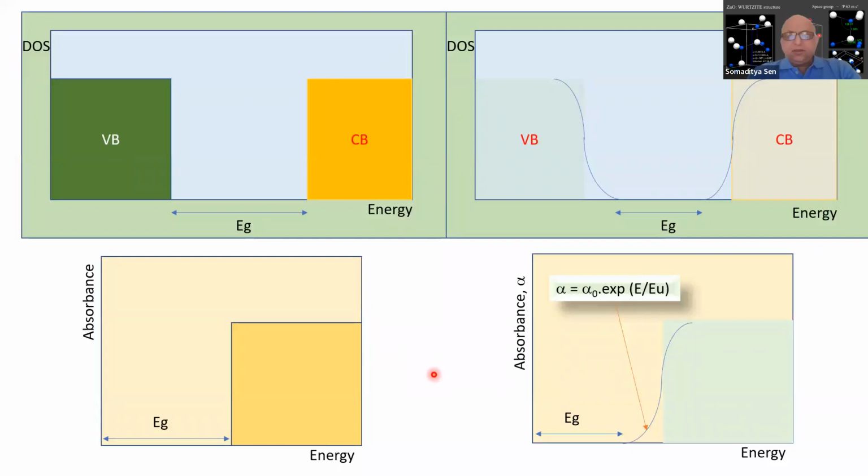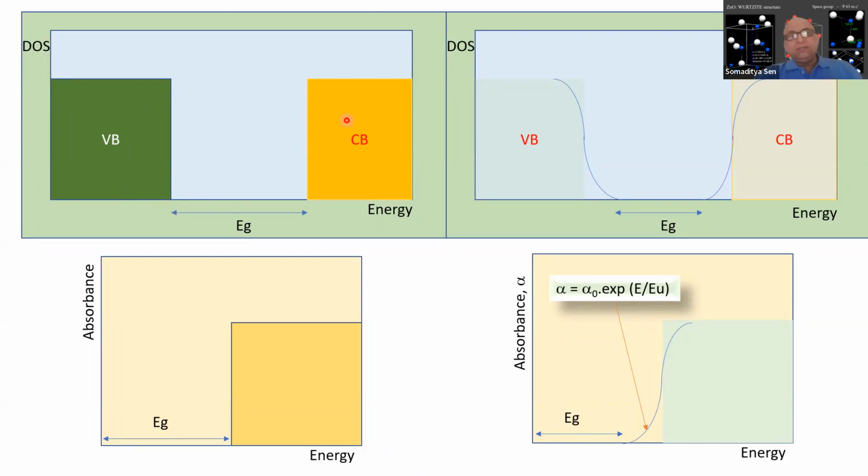Now, what does absorption spectroscopy actually provide in scientific terms? We know that there are states available in materials, and technically, if it is a perfect, ideal case, then the valence band will be populated by states, and there will be a sharp transition, below which there are occupied states and above which there are no states anymore.